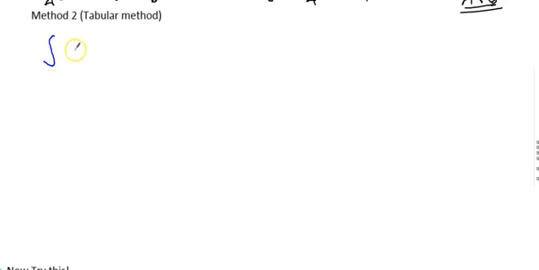So I'm going to write this problem again, same question, x square cosine 4x dx. So tabular method is you make a table, choice of u and dv.